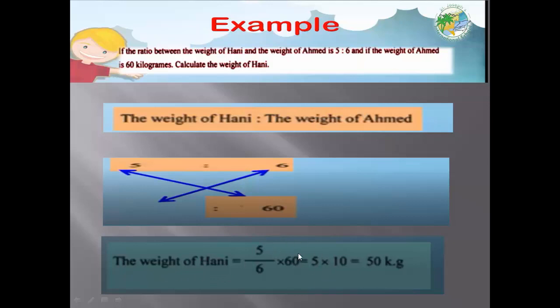Then after we simplify, equals 5 times 10 equals 50 kilograms. Okay, this is the example: given the weight of Ahmed, we can find the weight of Hani by cross multiplication.